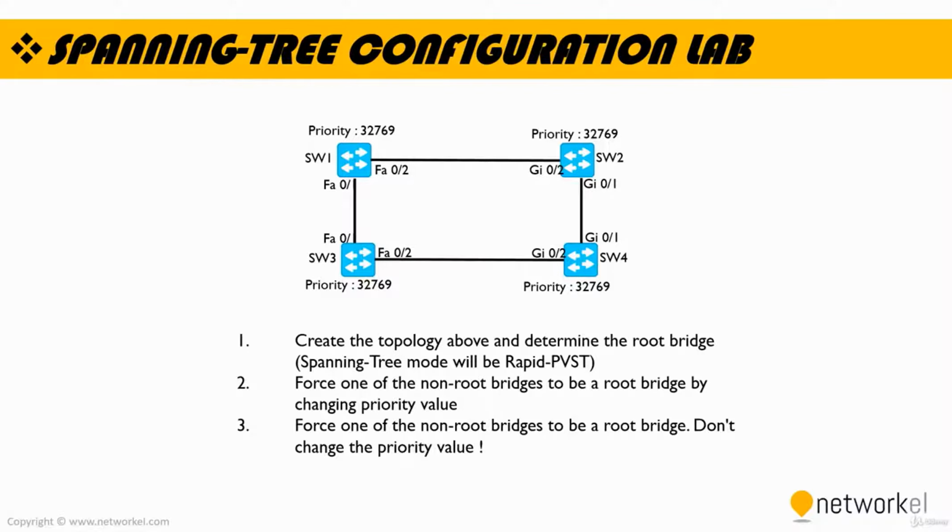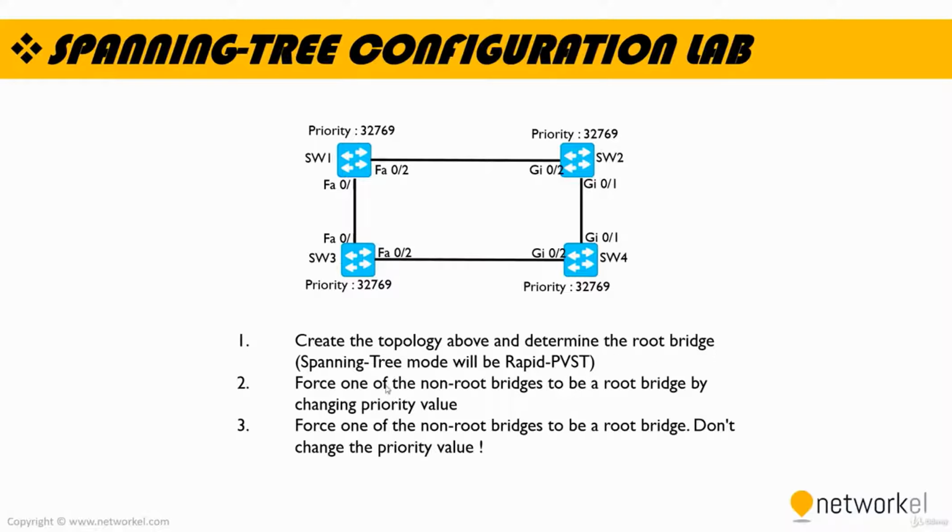Spanning Tree Configuration Lab. We have a topology. We have 4 switches connected to each other. In the first step, we need to create the topology above and determine the root bridge. The question says that the spanning tree mode will be rapid PBST.